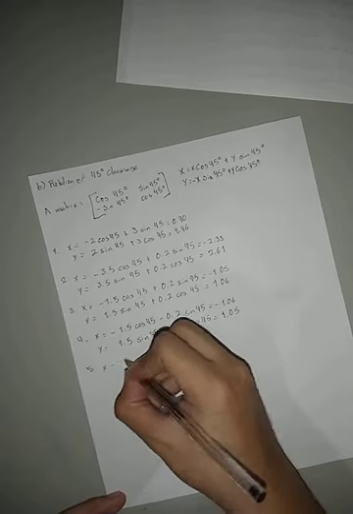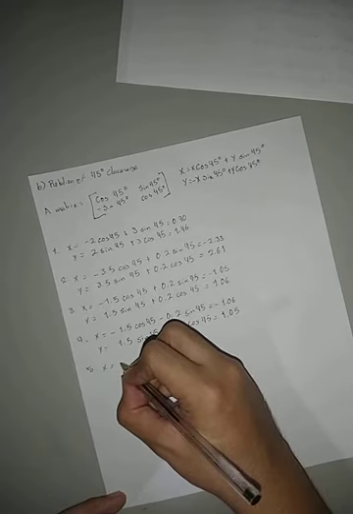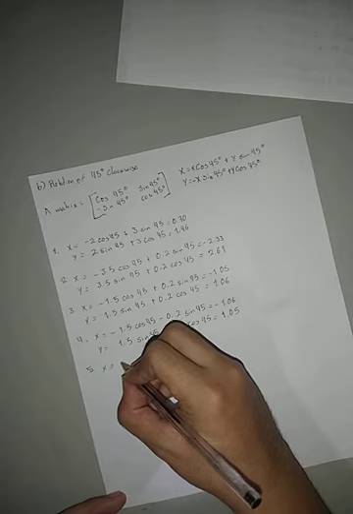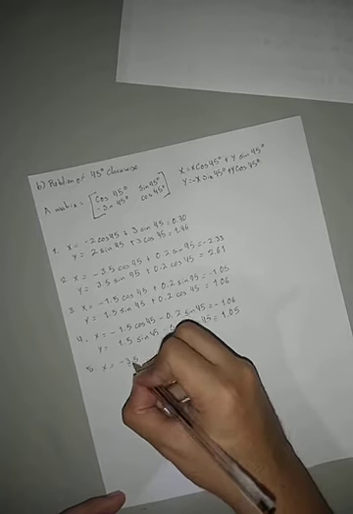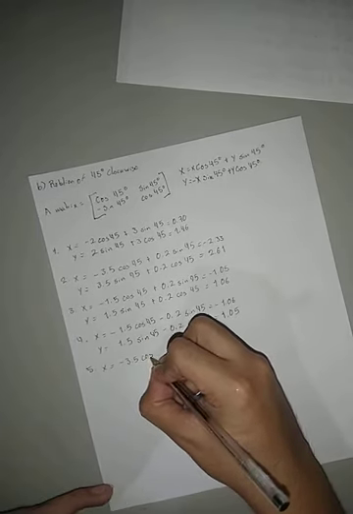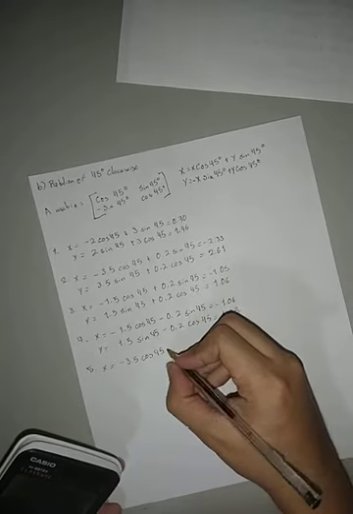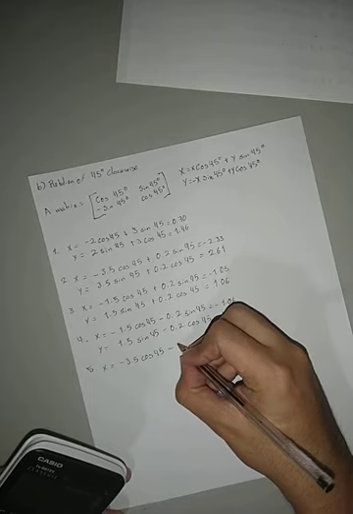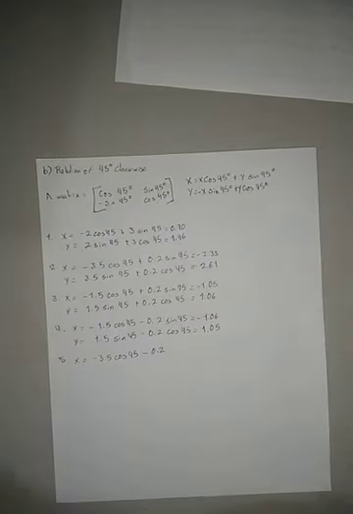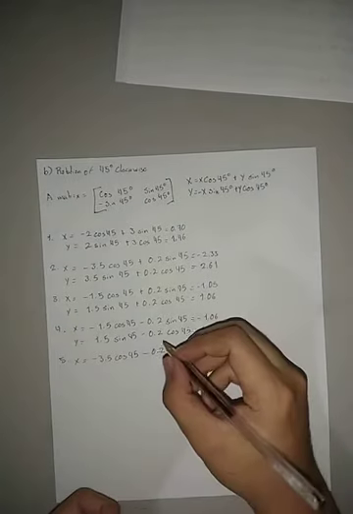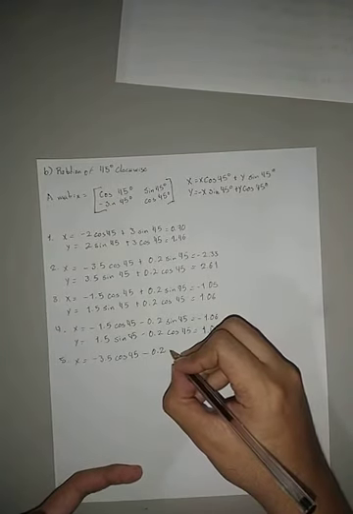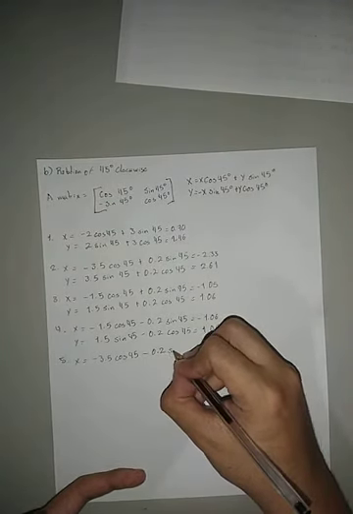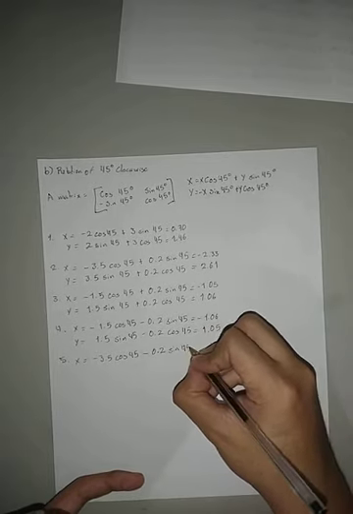For the fifth point, it's x equals to minus 3.5 cosine of 45 minus 0.2 sin of 45.